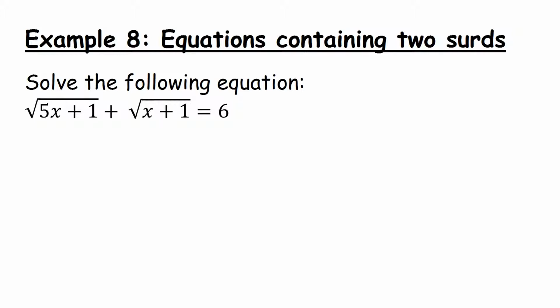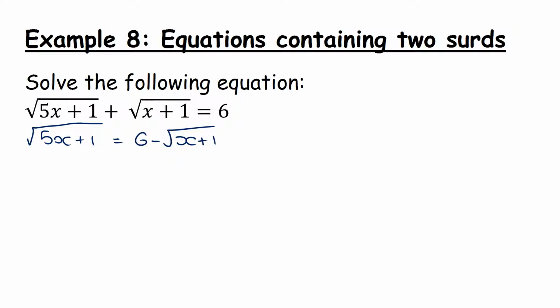So just like before, what we want to do is we want to isolate one of our surds. So it doesn't matter at this point which one you choose. I'm just going to keep my 5x plus 1 here on its own. So that equals 6 minus the square root of x plus 1.